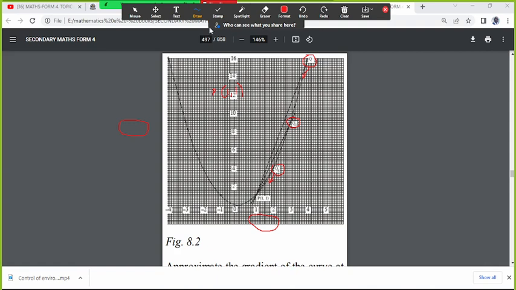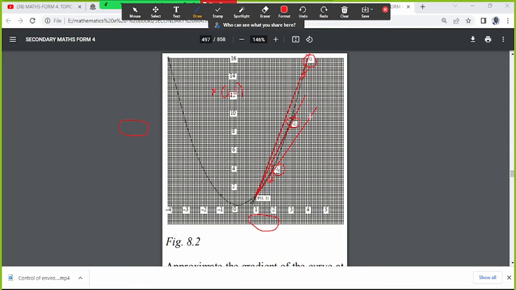Now you can see that the line PQ has a certain gradient. Another line PQ1 has a certain gradient, change in y, change in x. Another line PQ3.